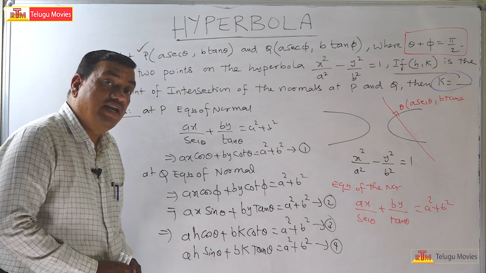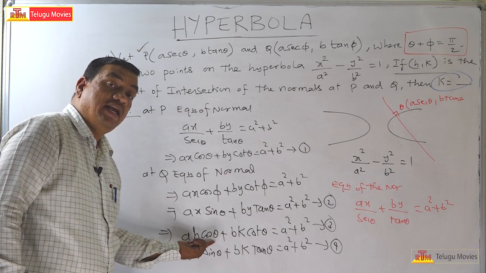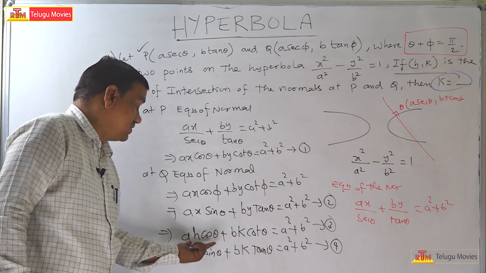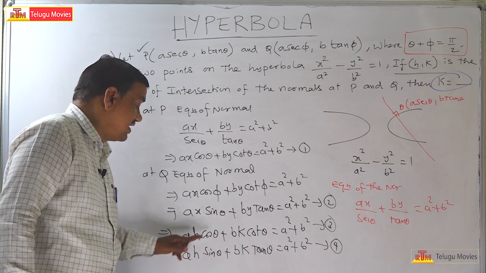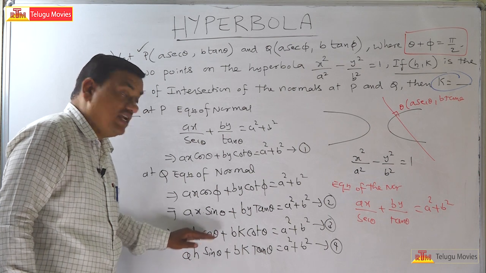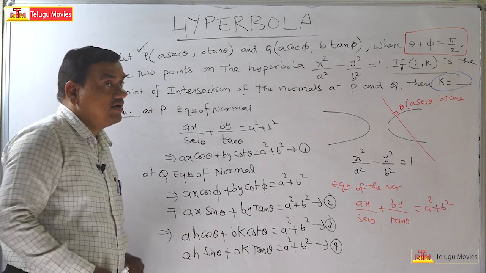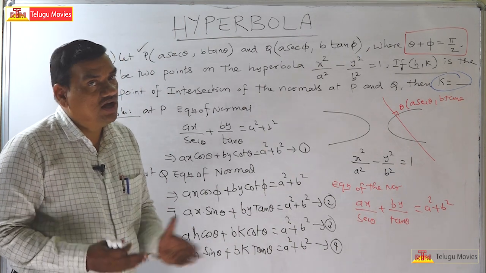How to eliminate h? The simple thing is to make the coefficients of h equal, that is here a cos theta, here a sin theta. So multiply the first equation with sin theta and the second equation with cos theta, so that the same quantity will be there, and you subtract, you will get the value of k. Okay. So let us continue the calculation.